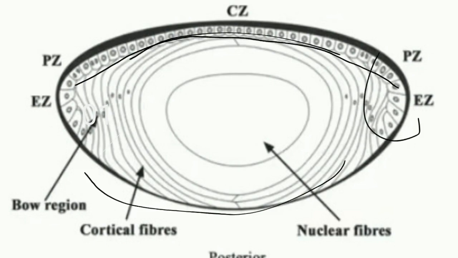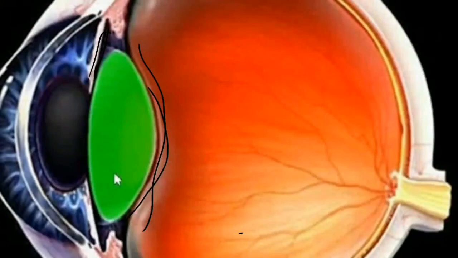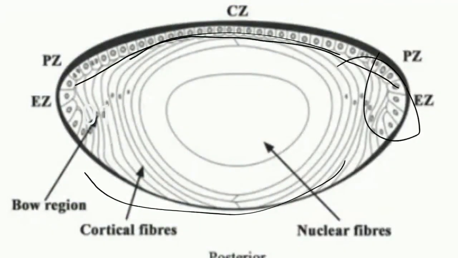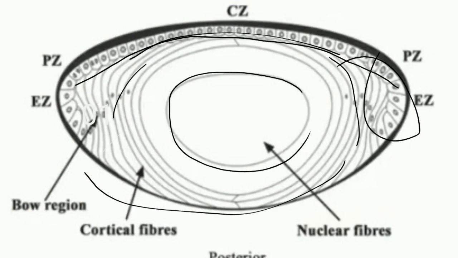The edge of the lens is called the equator, which gives an attachment to the ciliary body through the suspensory ligaments. The lens has a central part called the nucleus and a peripheral part called the cortex.